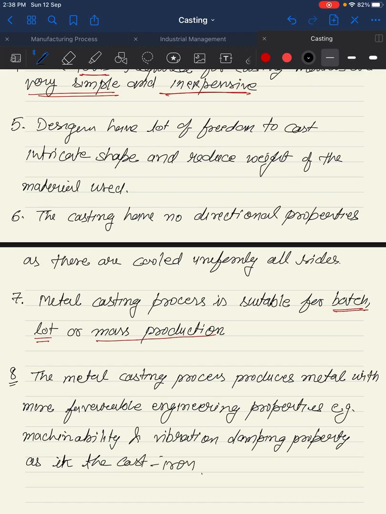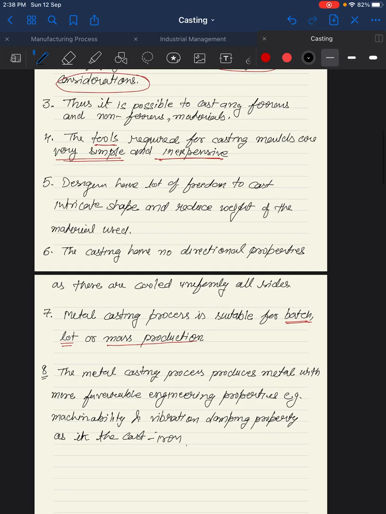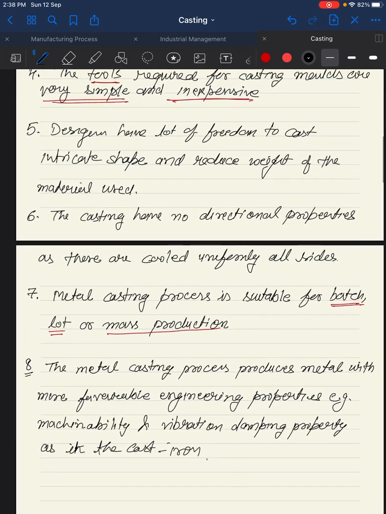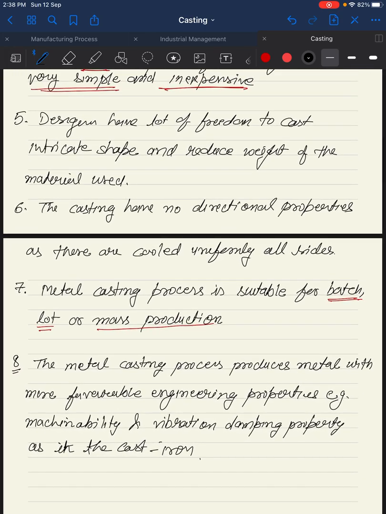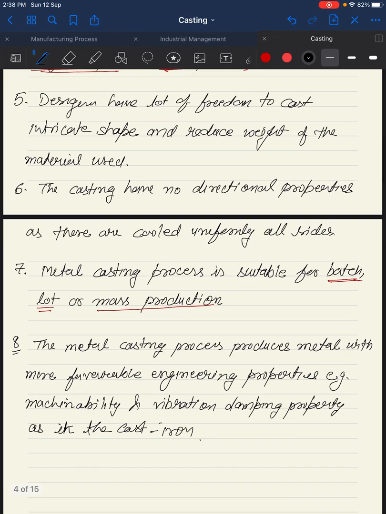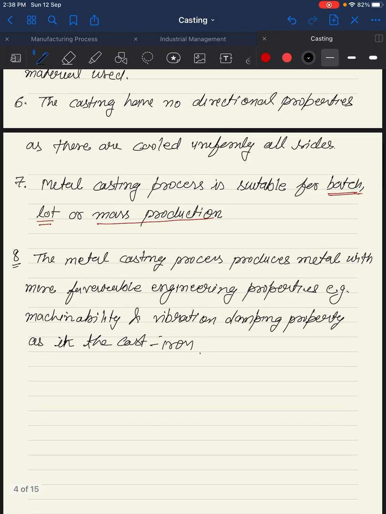Sometimes these properties are very important but difficult to attain with other manufacturing processes. So casting is important in this regard also.